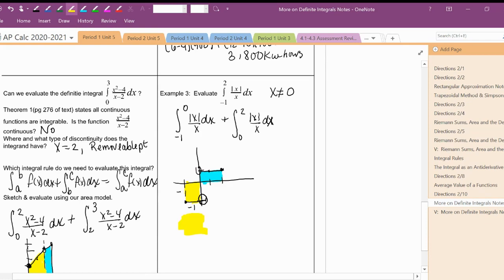My first area is 1 by -1, because that area is underneath the x-axis. And my second area is a 2 by 1, so -1 plus 2, or +1. So the value of this integral is positive 1.